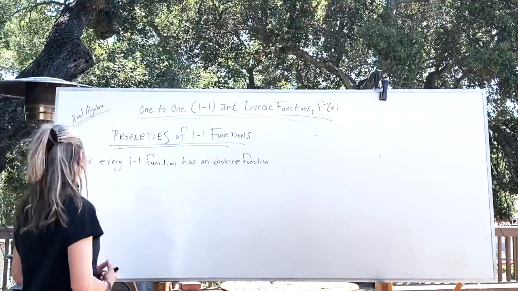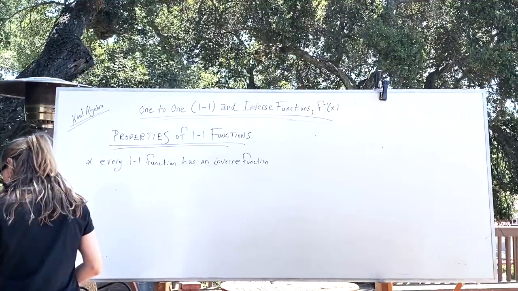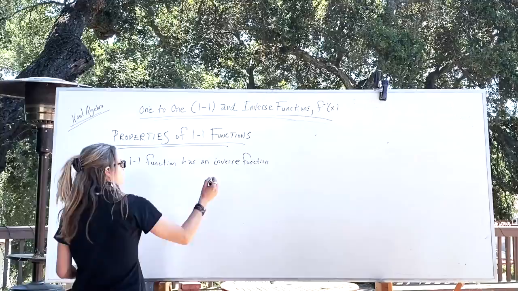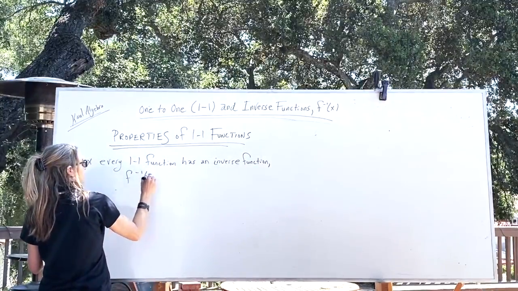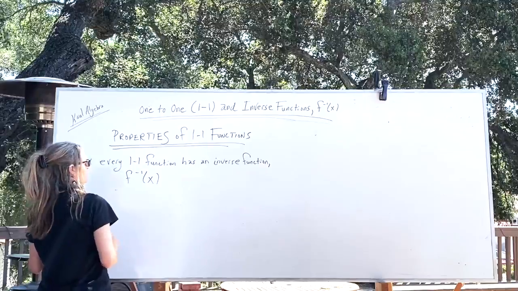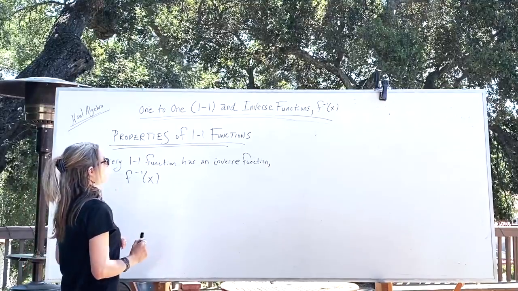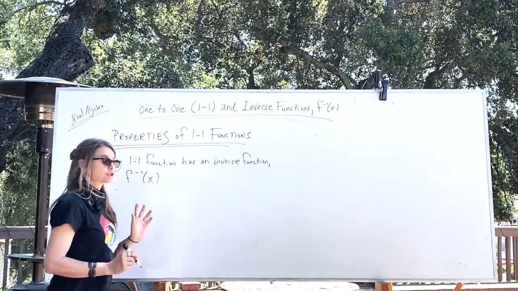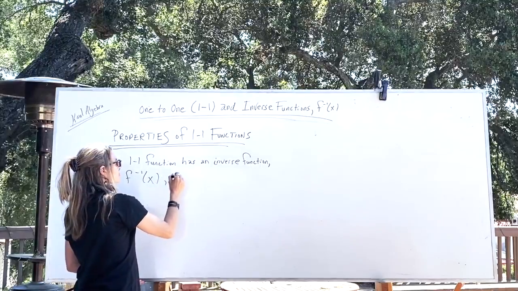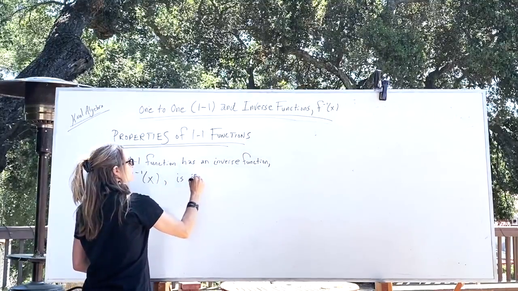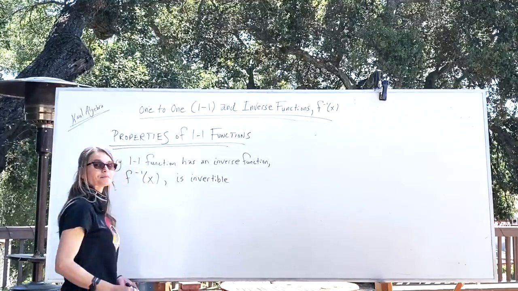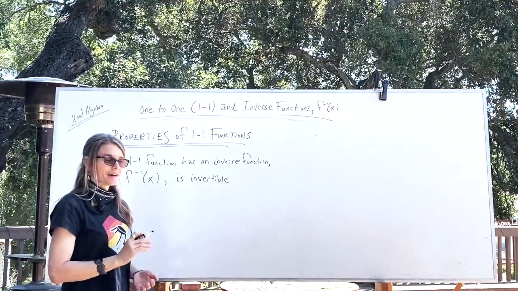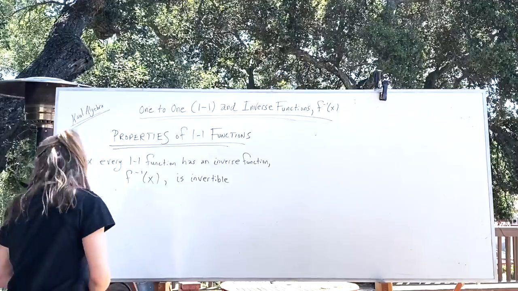Otherwise, we don't have an inverse function. Okay? For an inverse function, we have the notation f inverse of x. In other words, we could also say every one-to-one function has an inverse function, or it is invertible. Which is what it means to have an inverse function.